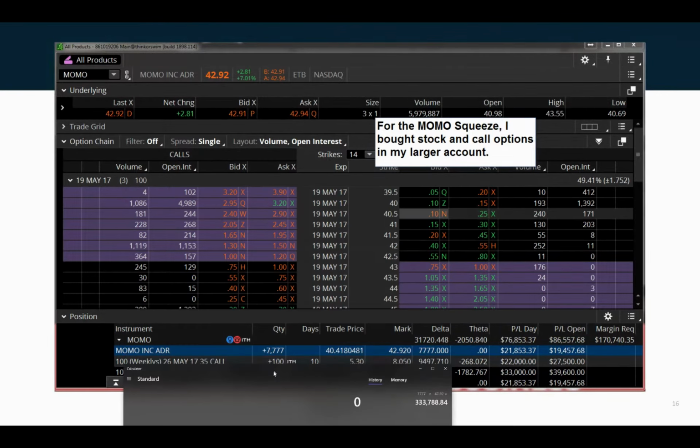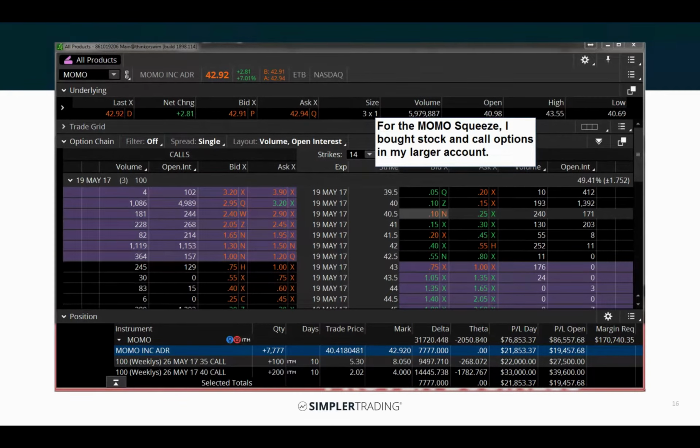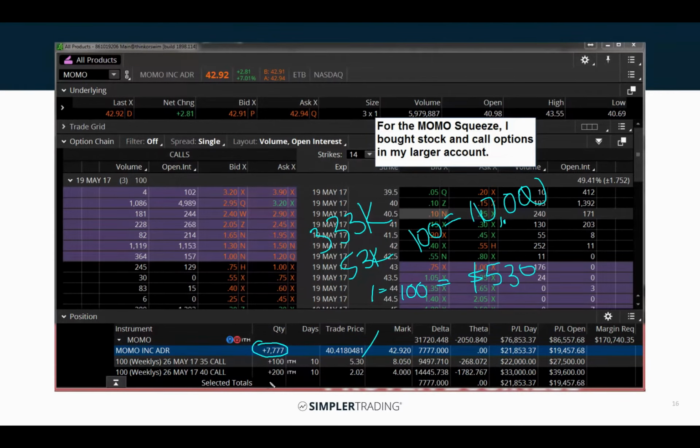If I wanted to do 100 contracts, which represents 10,000 shares of stock at $5.30, that's going to cost me $53,000. So again, $334K to buy 7,700 shares of stock, or $53K to buy 100 contracts, which equals 10,000 shares of stock. Now guess what? If you've got a smaller account, one contract, which equals 100 shares of stock, is going to cost you $530. Or one of these $40 calls at $2 is going to cost you $200.